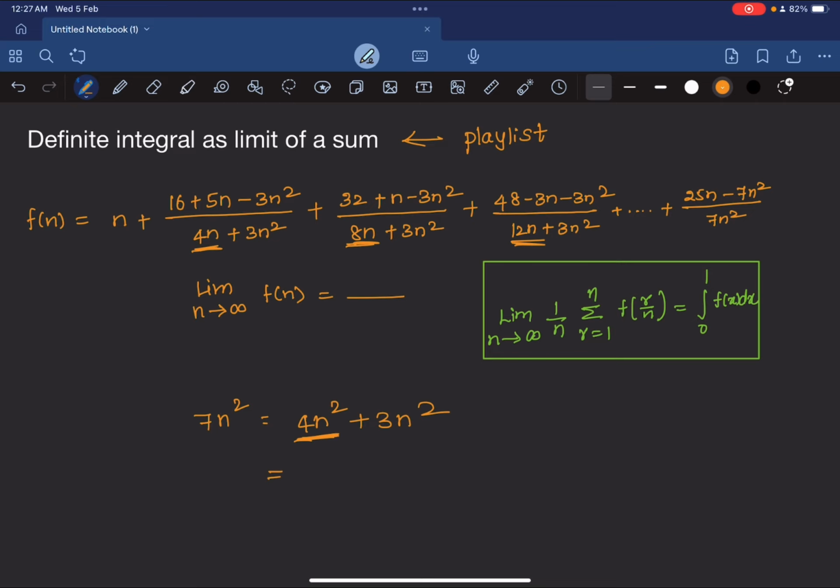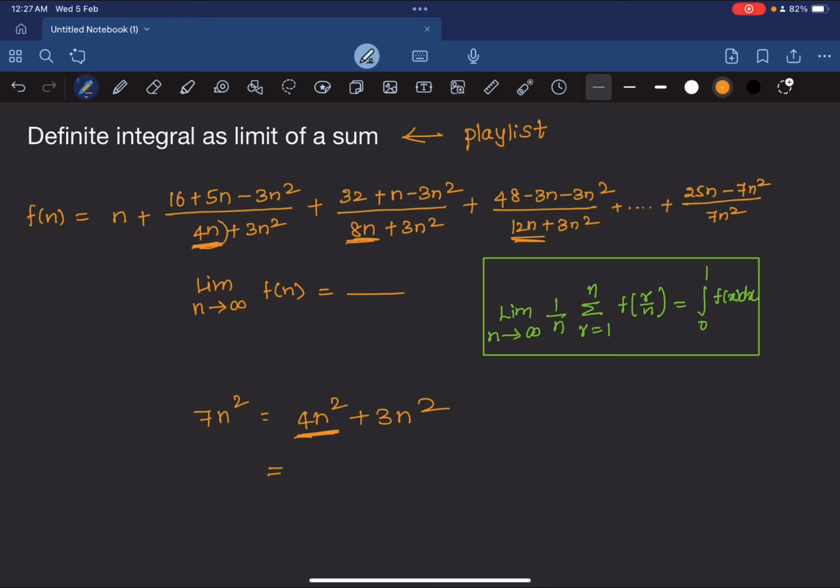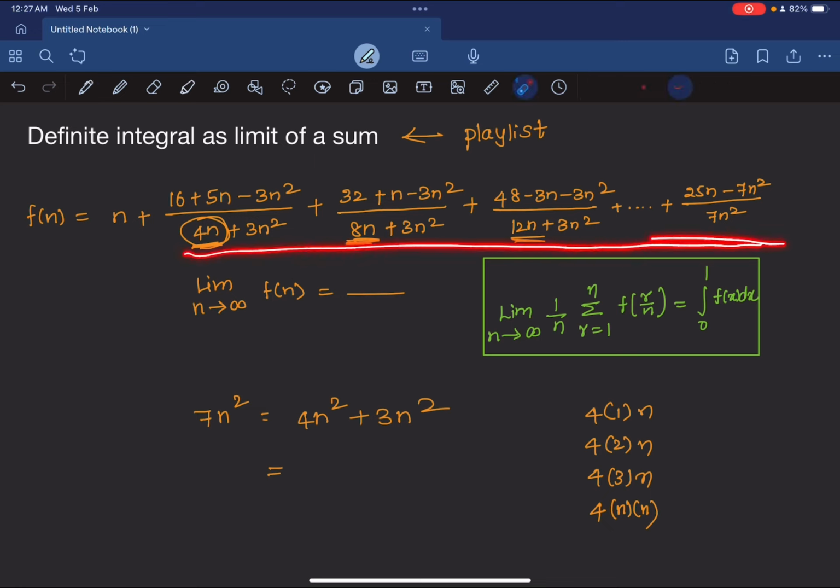The first term is 4 into 1 into n, the second term is 4 into 2 into n, this 8n, the third term is 4 into 3 into n, and this last term is 4 into n into n. So these are n terms.